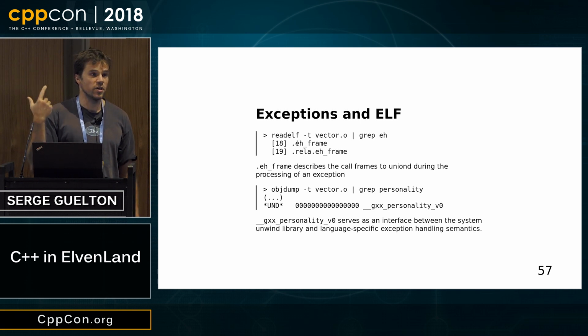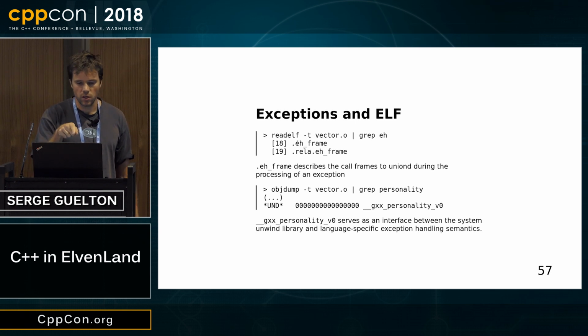Some friends, some colleagues of Quarkslab have been using the information that is contained in the exception frame to recover all the function pointers, the start and the end of each function, which is very helpful when you try to disassemble an object file.